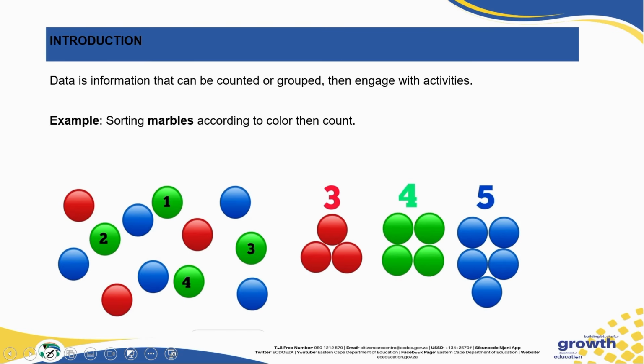Now, I want us to sort these marbles according to the color. Remember, grade ones, we are working on data collection. So I have used our marbles as an introduction. I've collected different colors of marbles. Remember, I said I have red marbles, green marbles, and blue marbles.